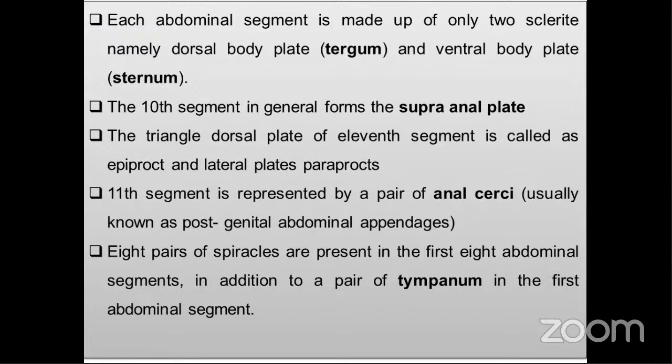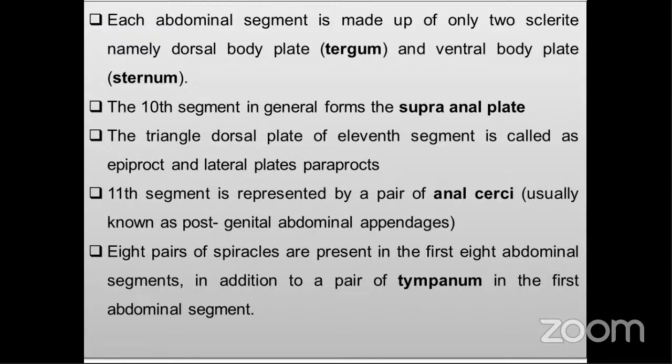Between the epiproct and paraprocts is the anal area. The 11th segment consists of the epiproct, lateral paraprocts and anal area, but the 10th is the supraanal plate. So 1 to 7 are pregenital, 8 and 9 are genital segments, the 10th is the supraanal plate, and the 11th has the epiproct and paraprocts.